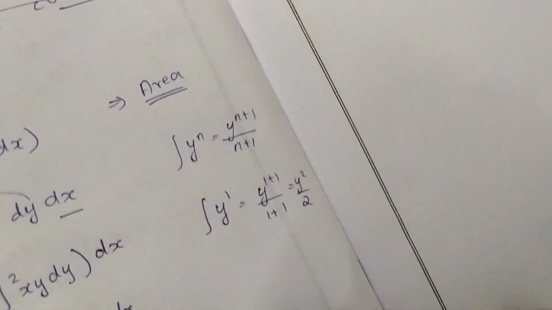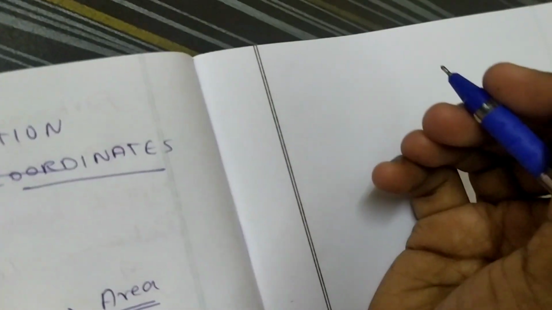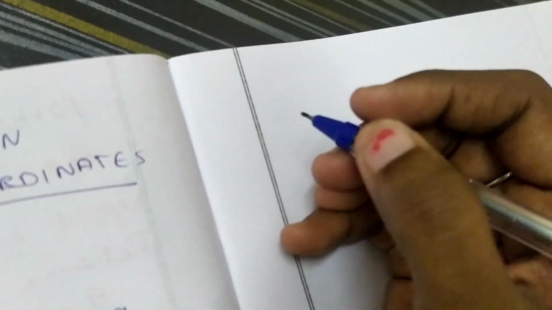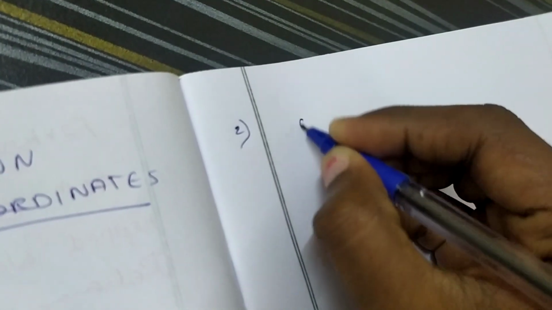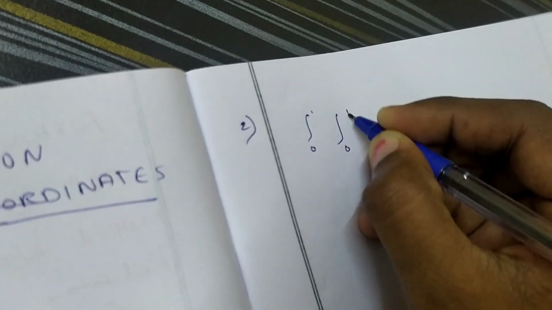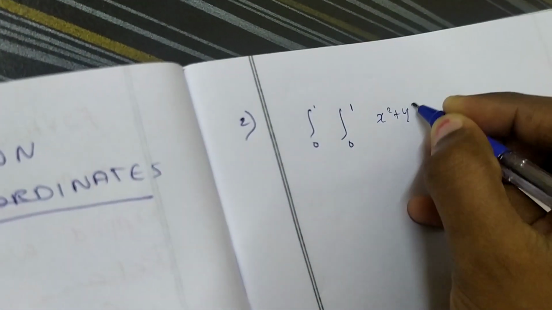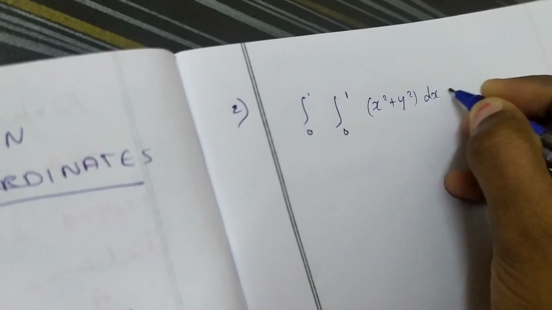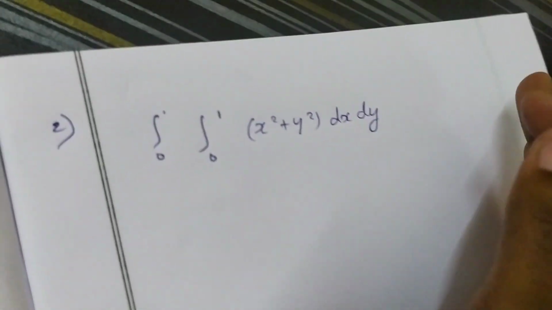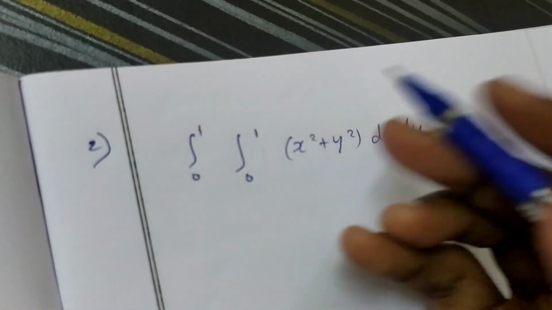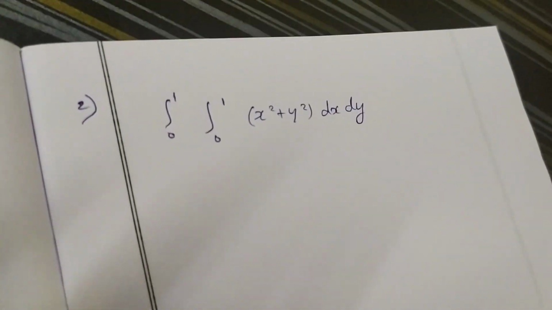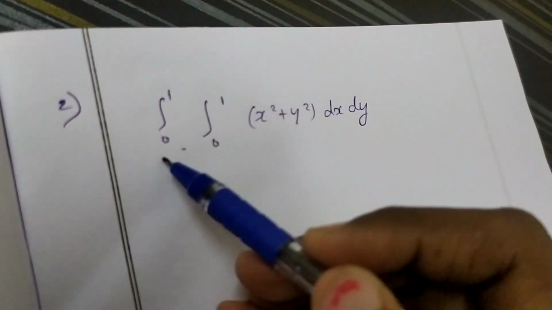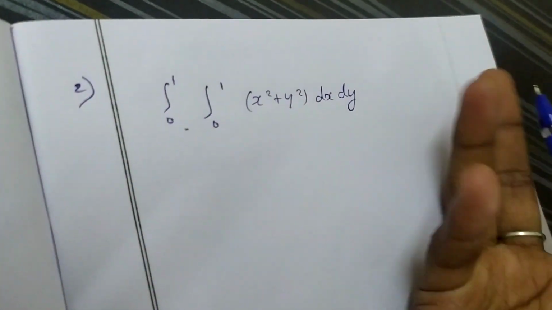Then we are going to see one problem based on this type only, which is the integral over 0 to 1, integral over 0 to 1, of x square plus y square into dx into dy. Here also you have not been given which integral symbol is for x and which is for y.